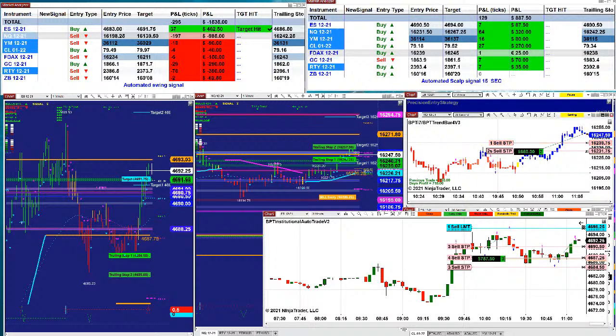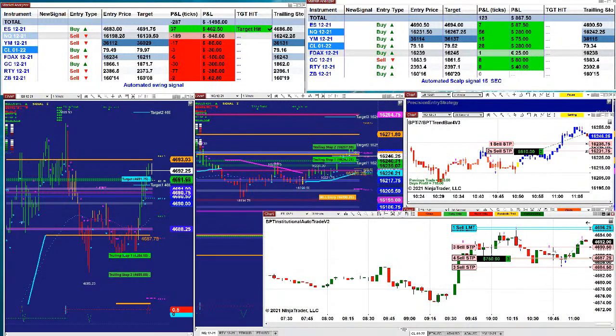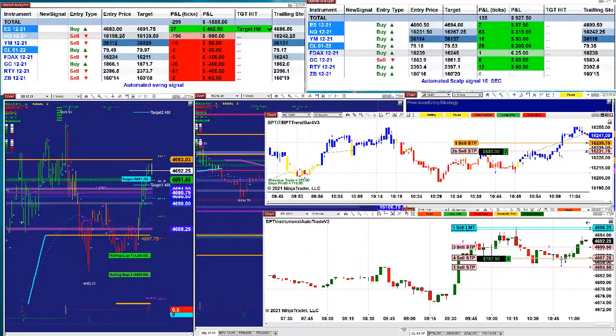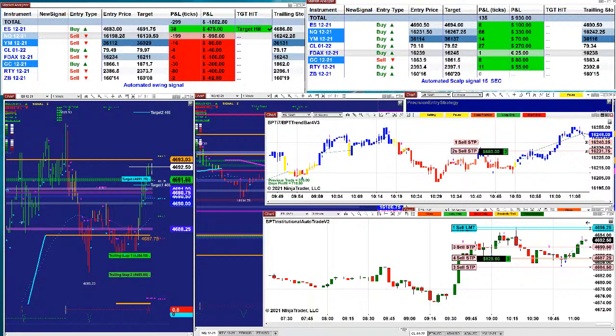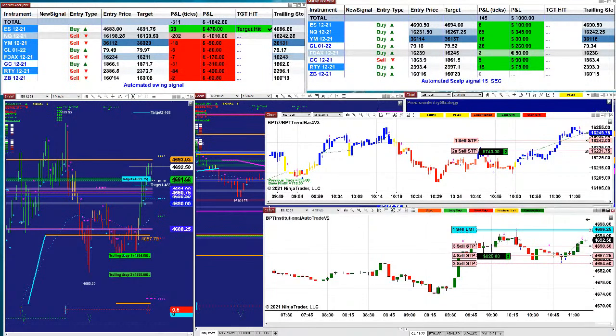And on the institutional, the trailing stop stays where it is. It doesn't go back and forth. So, just for your information, guys, this is really chasing the market back and forth, whereas on this one here it is staying.